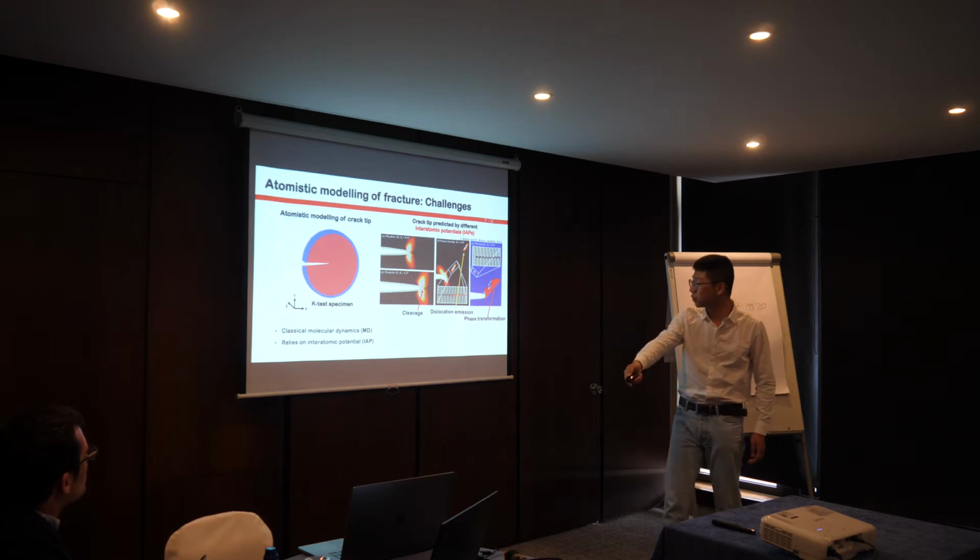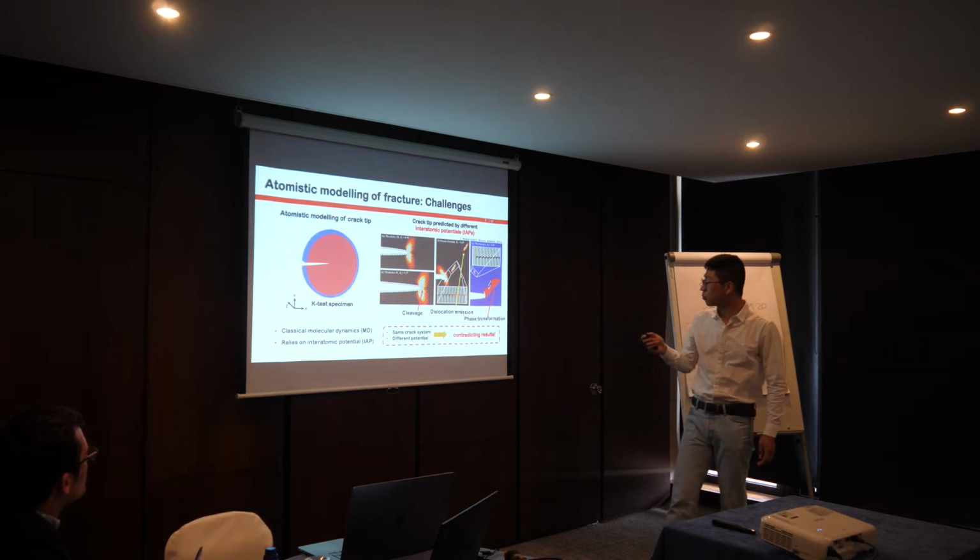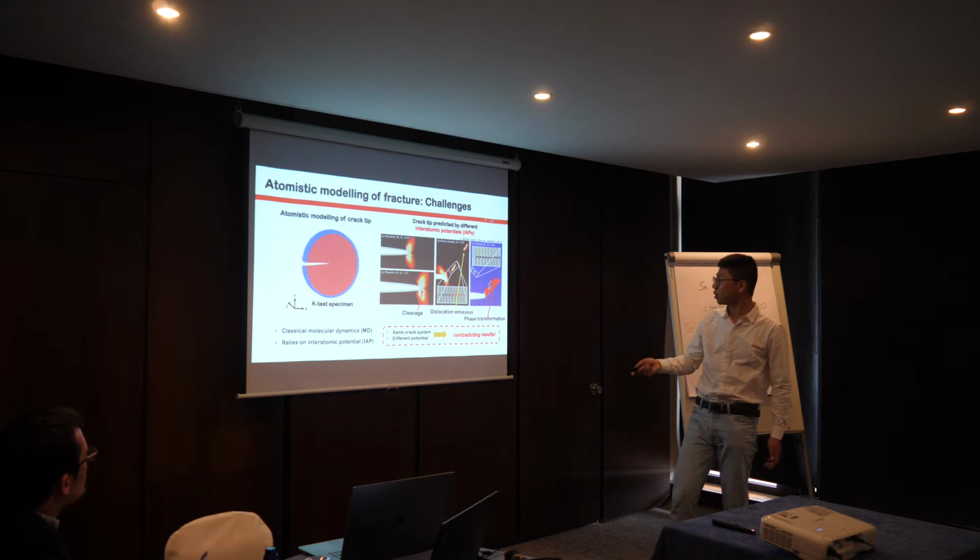One might be confused, because in principle, different interatomic potentials should predict the same behavior for the same crack system if these potentials converged, that is to say, if they are reliable. But the fact is they don't. They give contradicting results, which means these potentials are not trustable enough. So one way to solve this is to use a quantum accurate method to model the crack system.